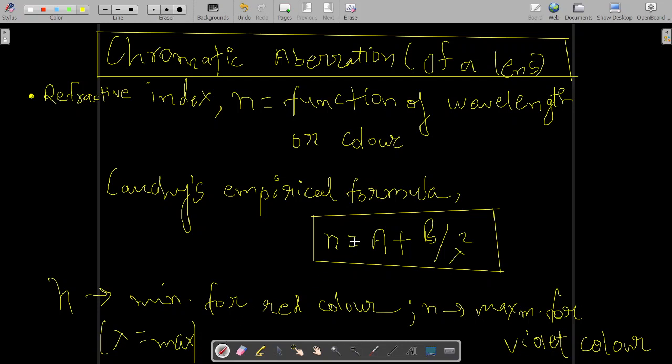That's why n will be minimum for red according to this formula. And as lambda is minimum for violet color, and lambda is in the denominator, when lambda is minimum, n will be maximum. So this is the reason for this.